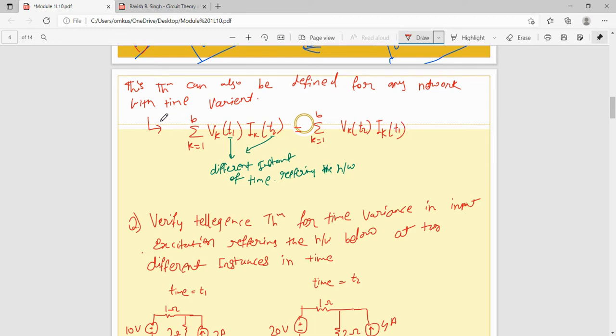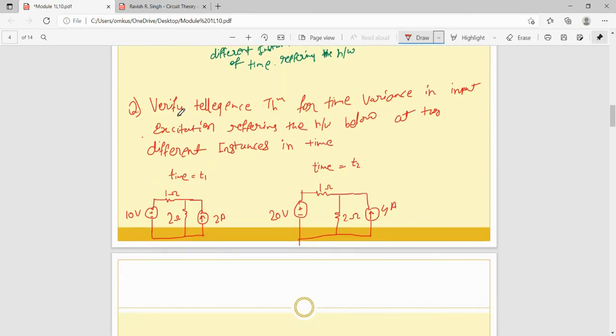Okay. So this is one more type in Tellegen's theorem, in which two circuits are given to you. See, one example is given here. These two circuits are given to you, the first for T1 time and the second for T2 time, right?